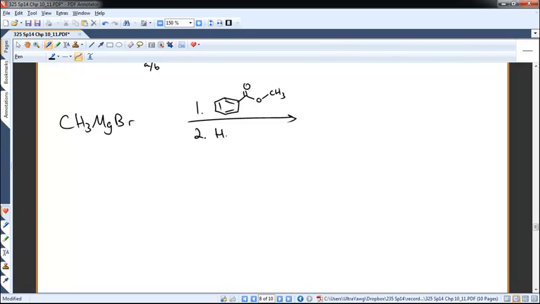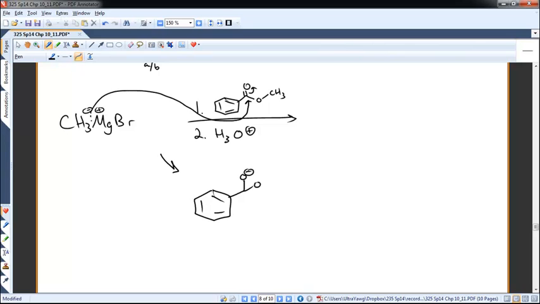Go ahead and pause the video and see if you can figure out what the product is and what the mechanism is. Okay, after pausing, hopefully you remember that this is a nucleophile, so minus and plus. The electrons will attack here. Electrons go up. That will give me something that looks like this. And the new carbon-carbon bond that has been formed is that.